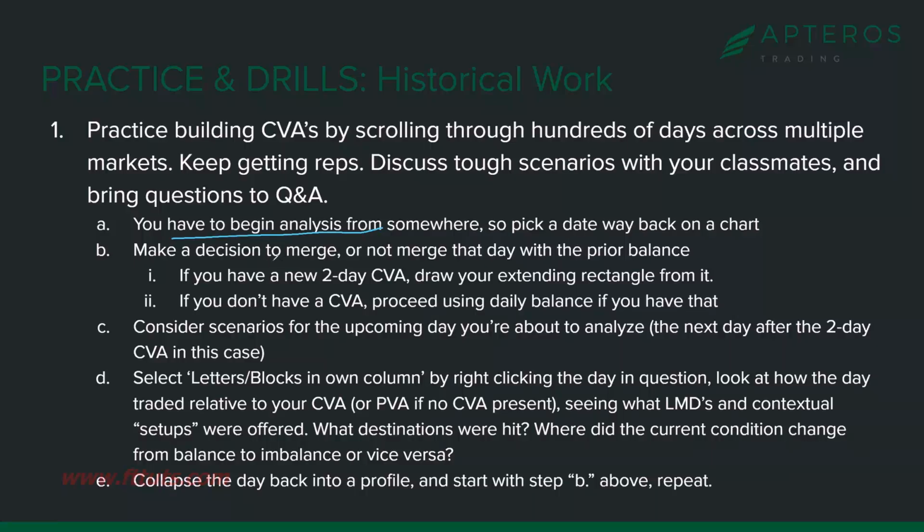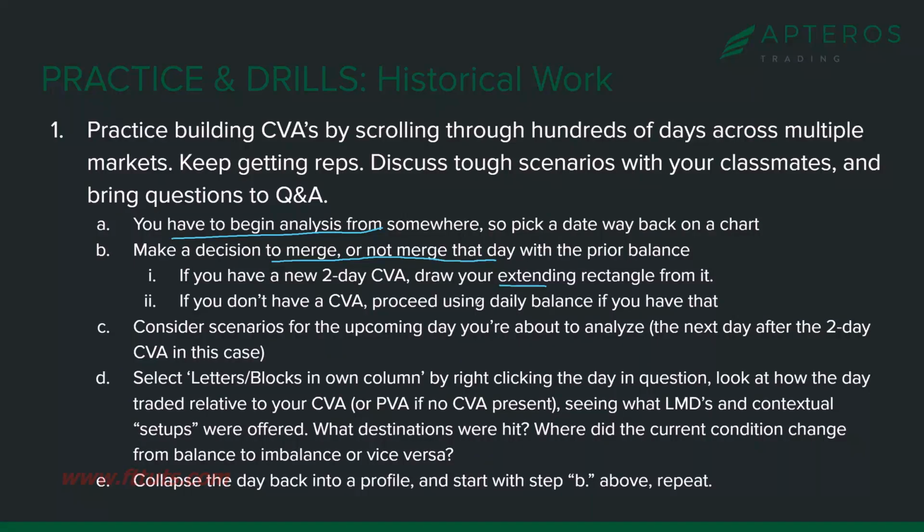Make a decision to merge or not to merge that day with the prior balance. If you have a merge situation where now we have a 2-day CVA, draw your extending rectangle from it.